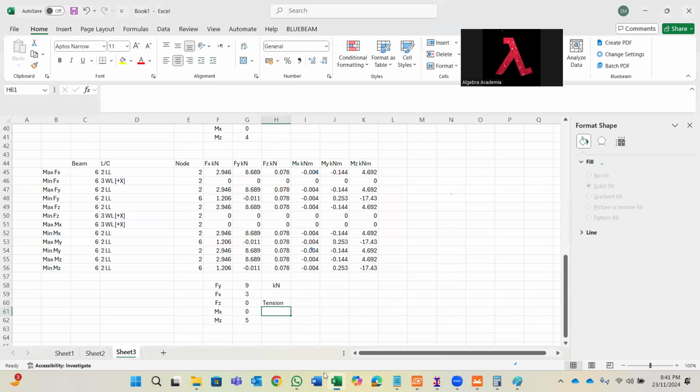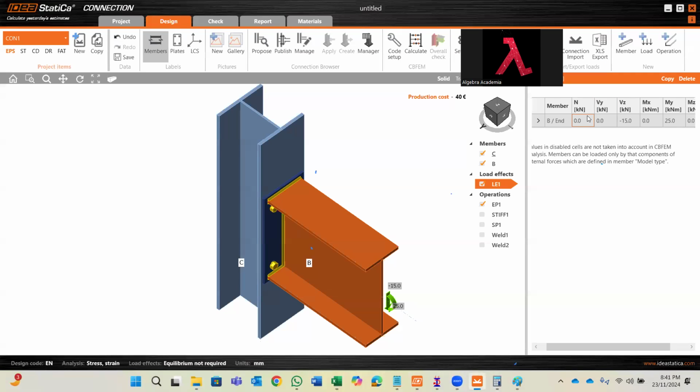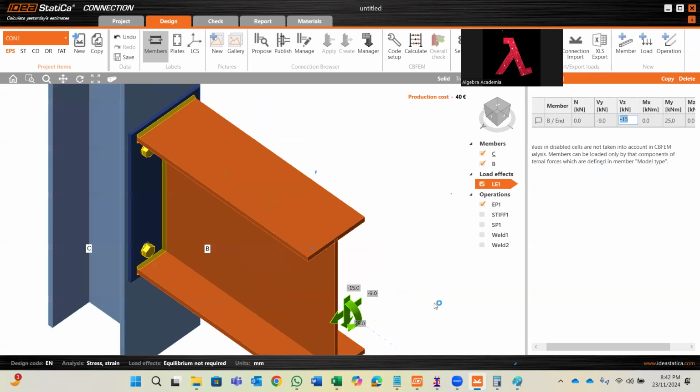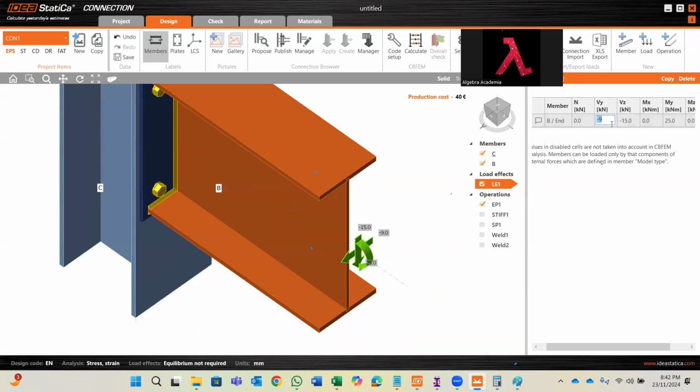Forces, and going back to the Excel sheet. So Fz direct tension is 0. So which is 9, Fy 3, 3, 5.